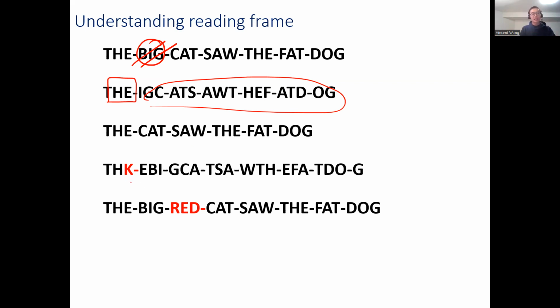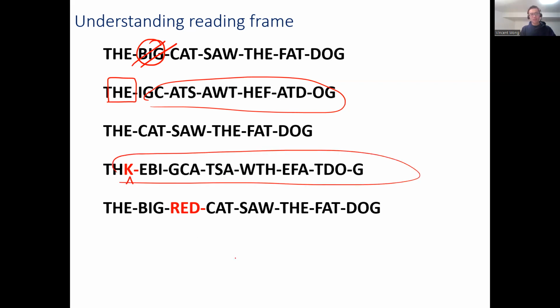What if we add an extra letter? Same problem. Once you add an extra letter, you shift the frame, and nothing makes sense. What if I insert 3 letters? Now we have extra information that wasn't there before, but because we inserted 3 letters, it didn't mess up the reading frame.